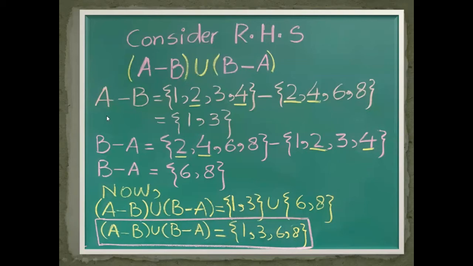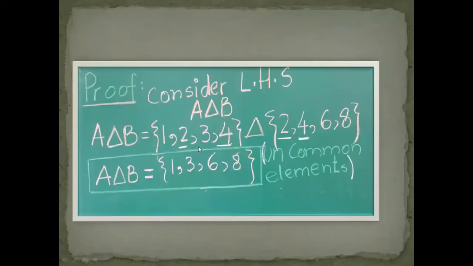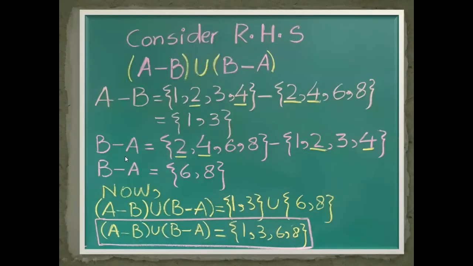Now you will get the difference: this is A minus B. Here we are just writing the uncommon elements of set A, and this is A delta B, where we are writing the uncommon elements of both the sets. Now the next step of the right hand side is finding B minus A. First you will write the elements of set B. This is set B that contains elements 2, 4, 6, 8, minus set A elements, that is 1, 2, 3, 4.